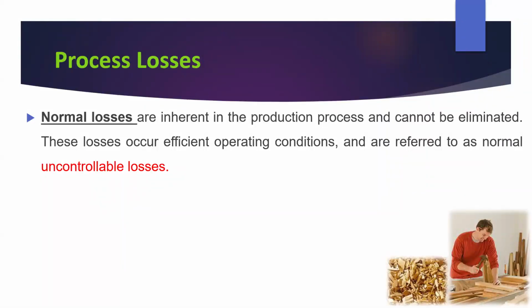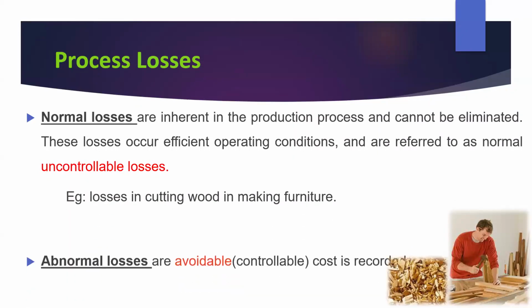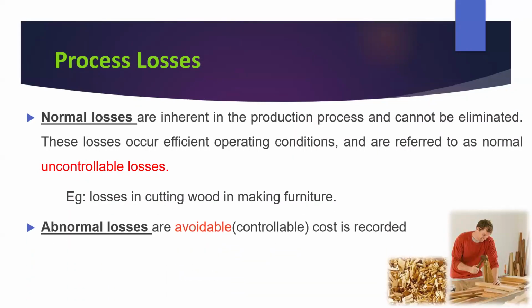Now let's see another type of loss. That is the abnormal loss. Abnormal losses can be avoided. That's why it's known as avoidable or controllable cost. And it is recorded separately and treated as a period cost.